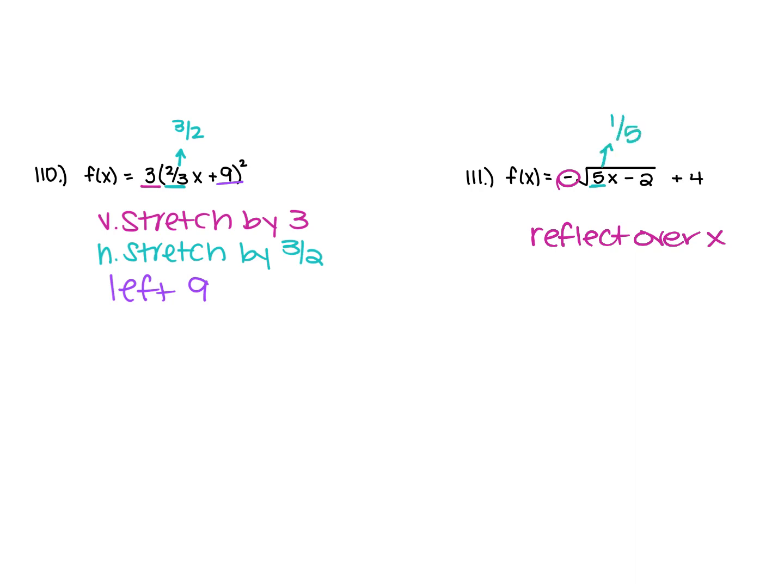That 1/5 is less than 1, so that is a horizontal compression by a factor of 1/5. The minus 2, take the opposite. That's positive 2, so we're going to the right 2 units. And then the plus 4, we go up 4.